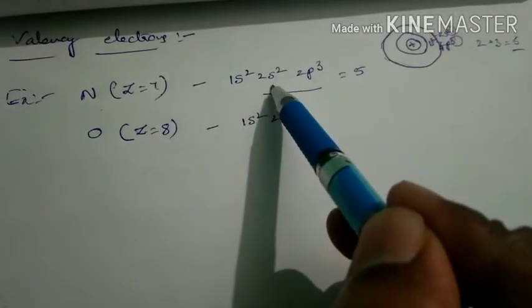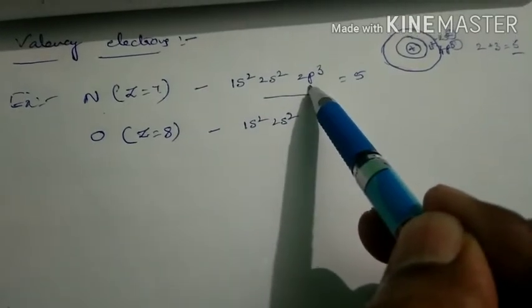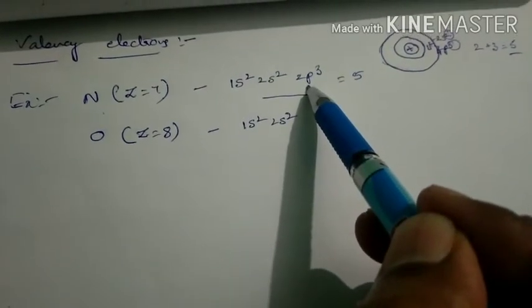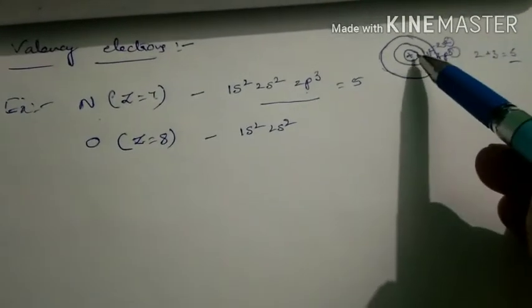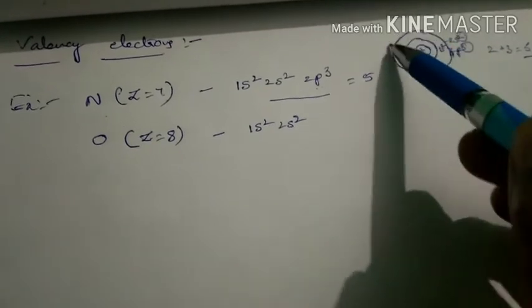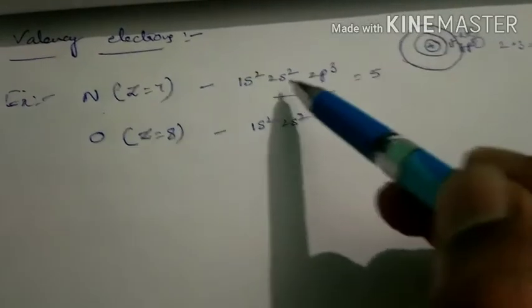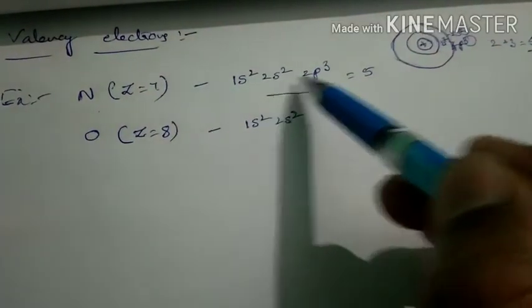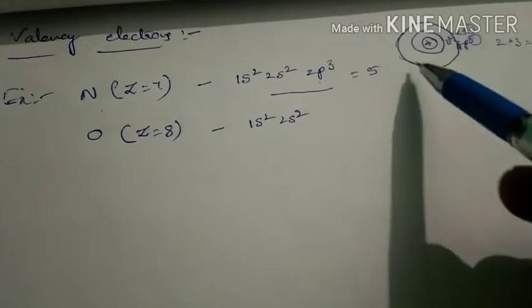Now this 2s and 2p are present in the valence shell, nothing but the outermost shell. How can we say that? See, this is the nucleus, this is the first orbit, this is the second orbit. The first orbit contains 1s2, the second orbit contains 2s2, 2p3. That means this 2s and 2p are present in the second orbit.